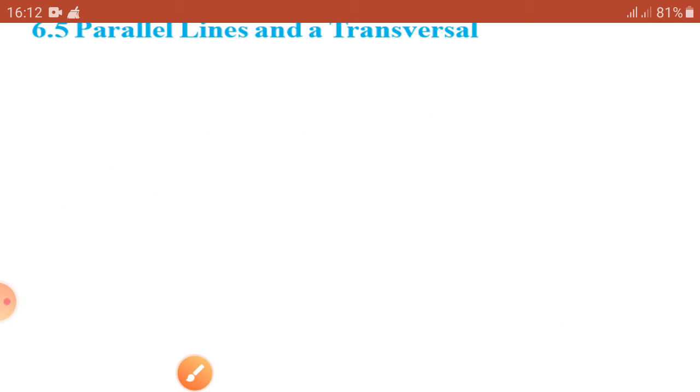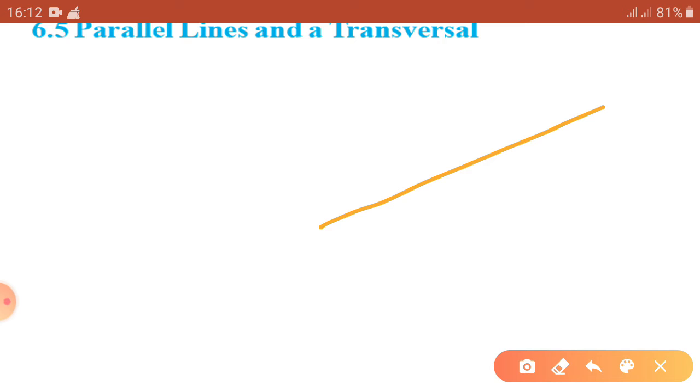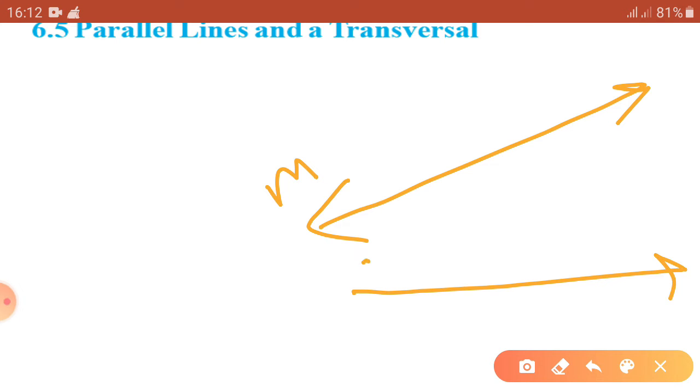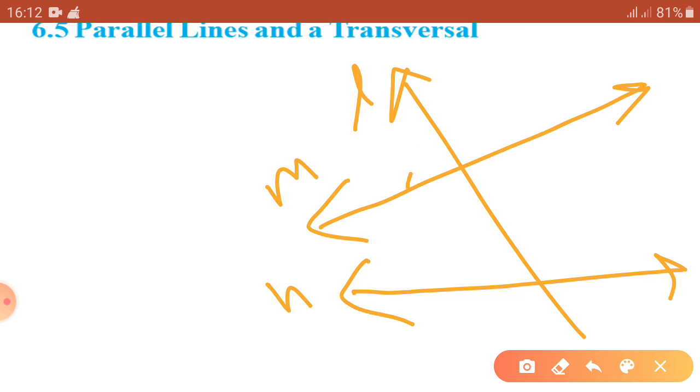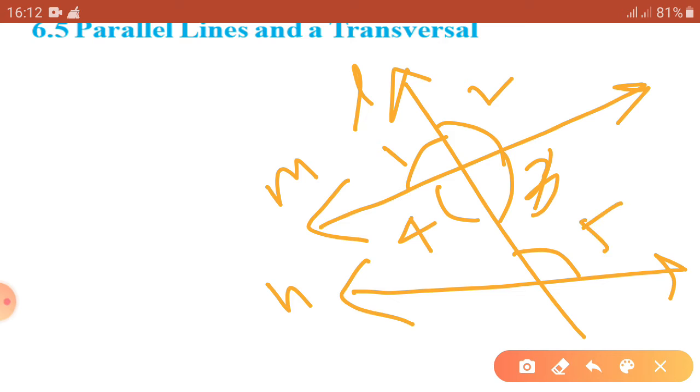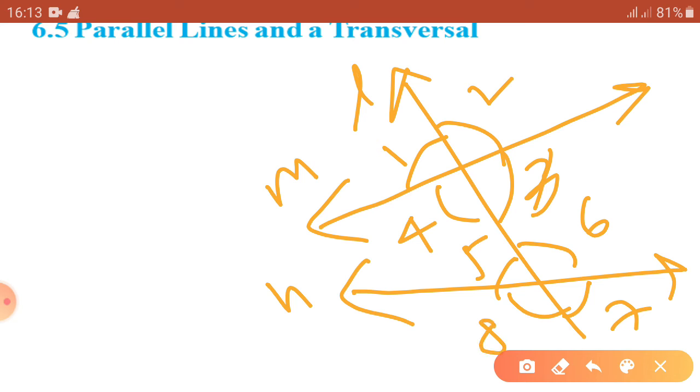Next we will be talking about alternate interior angles. Again I am drawing this figure. So this is line M, this is line N, this is line L. Okay, this is 1, this is 2, 3, and this is 4. This is angle 5, angle 6, angle 7, and this is angle 8.